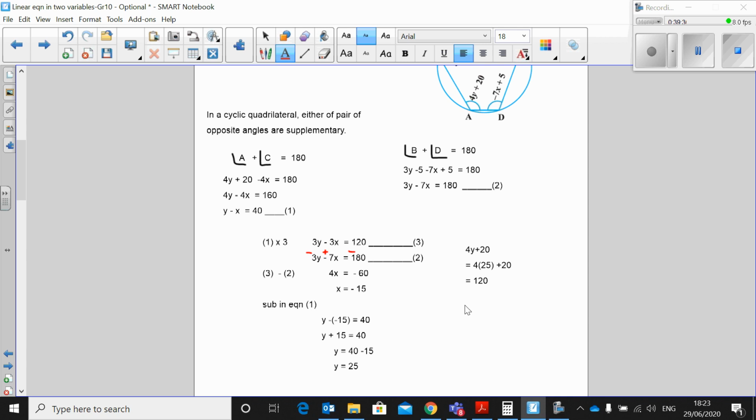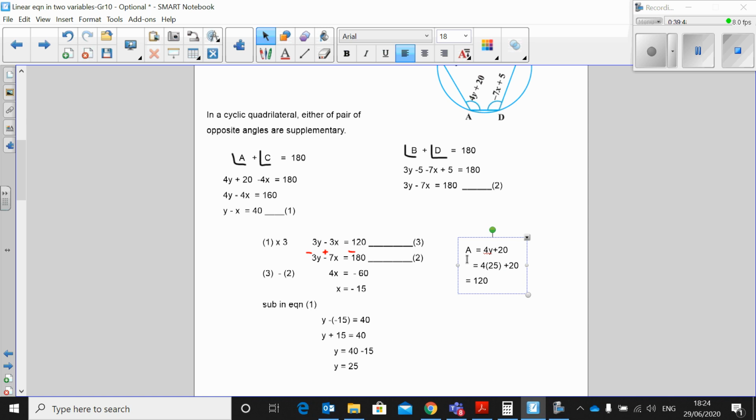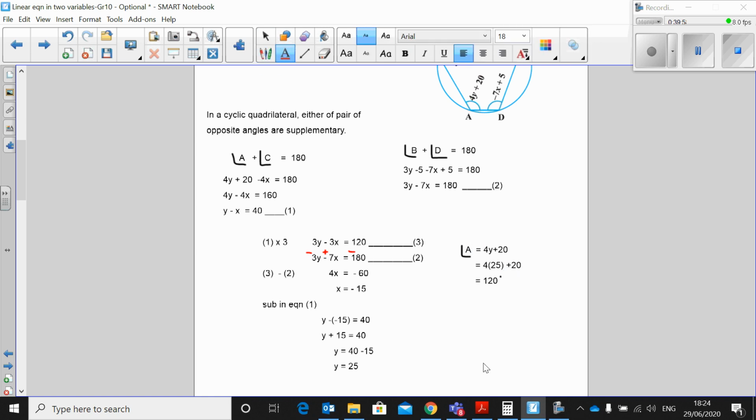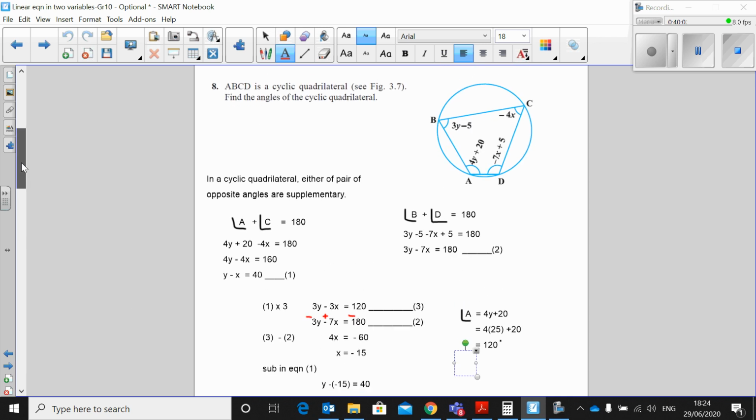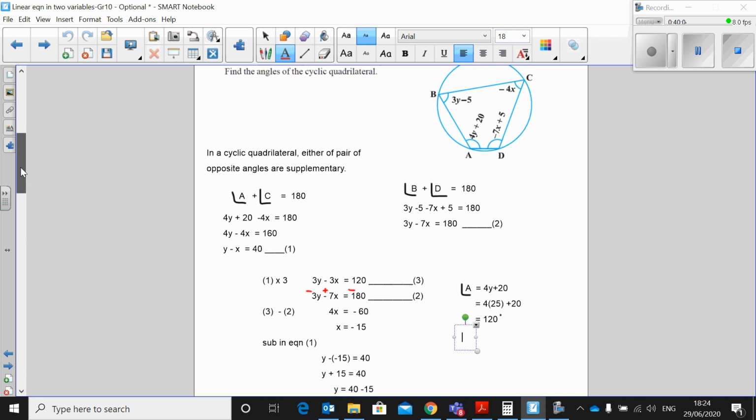So this is angle A. Angle A is 120 degrees. Let us move on to angle B. If angle A is 120, angle C must come as 60 degrees.